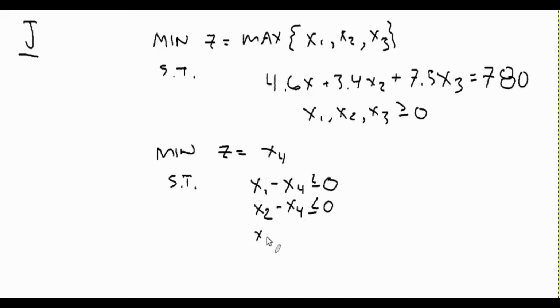And x sub 3 minus x sub 4 is less than or equal to 0. These are all constraints that just basically make x4 an upper bound on our variables 1, 2, and 3.